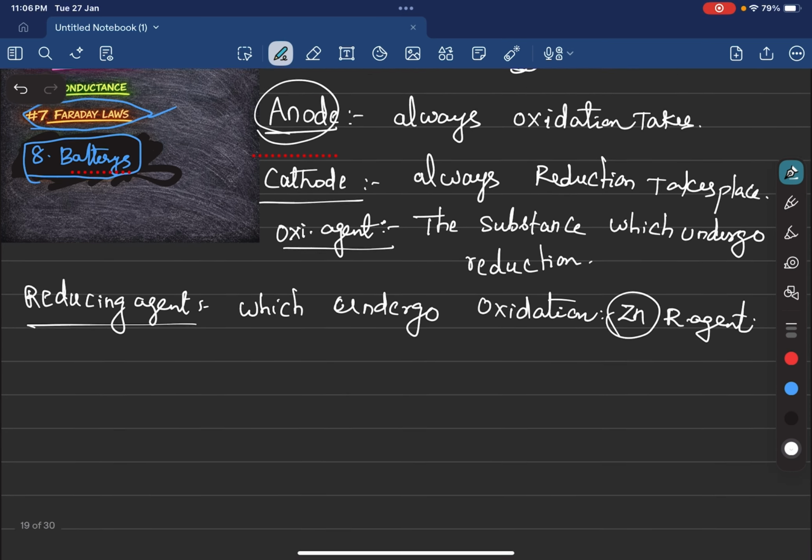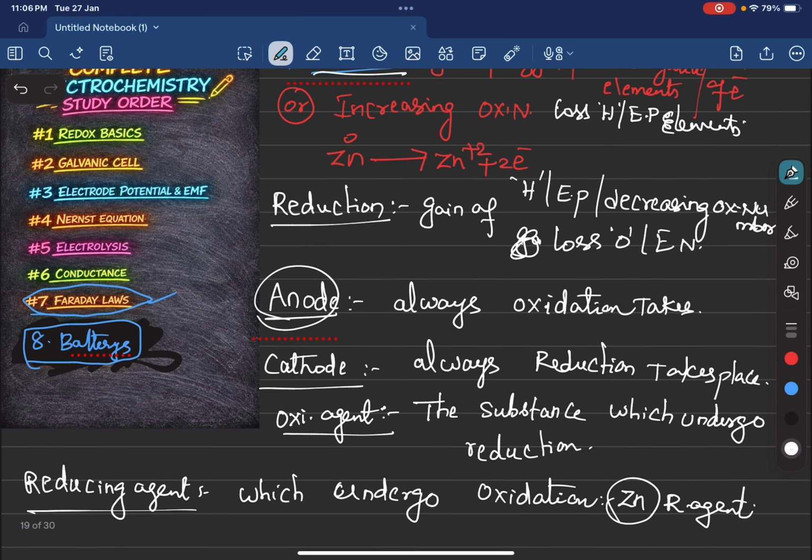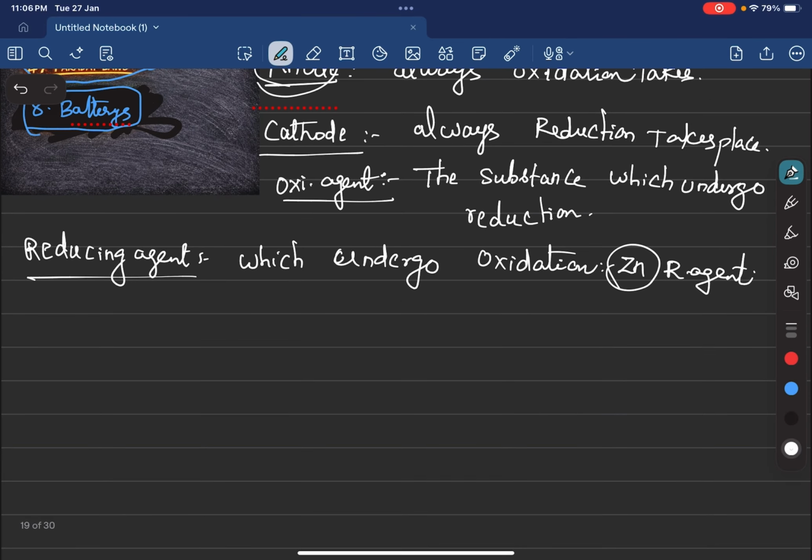Now we directly start with the electrochemical cell or galvanic cell. Here you are supposed to understand what exactly an electrolytic cell and an electrochemical cell are before going into the electrochemical cell completely.